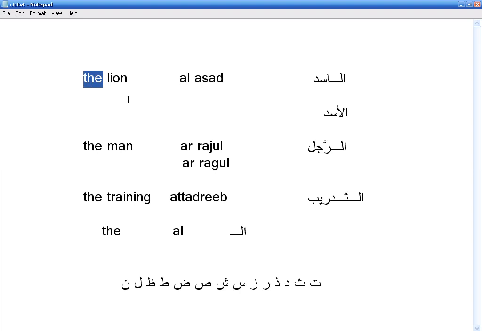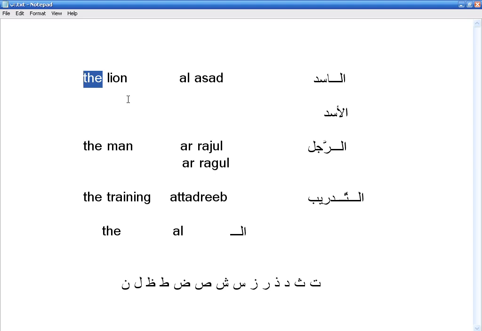So let's say that you and your friend are standing in front of three lions, okay, and you admired or liked one of these lions, and you said how great that lion is. So your friend is going to say to you, which lion are you talking about?